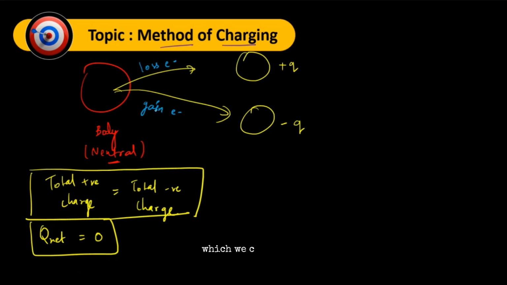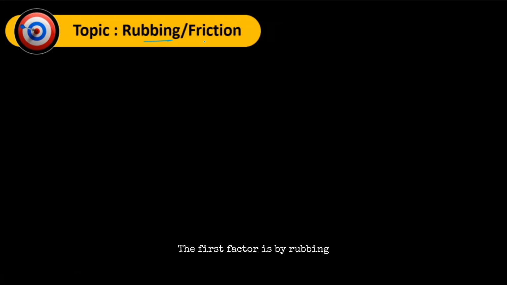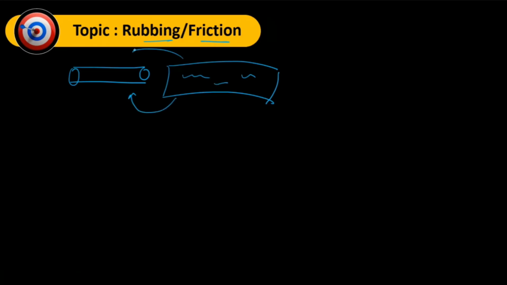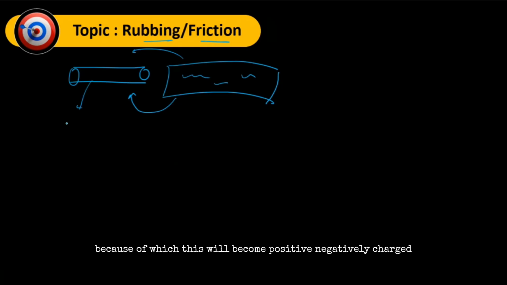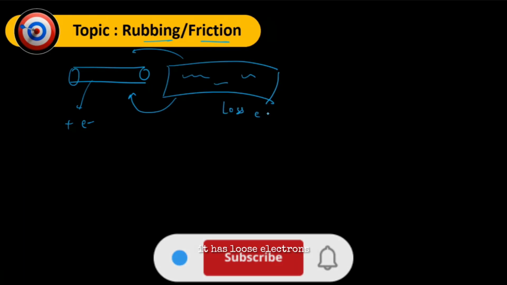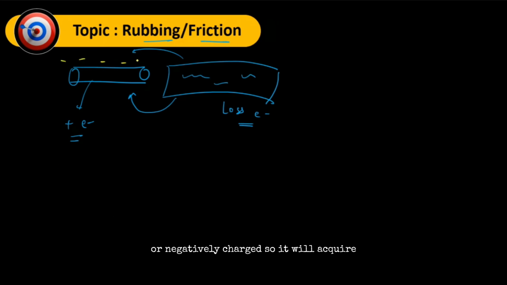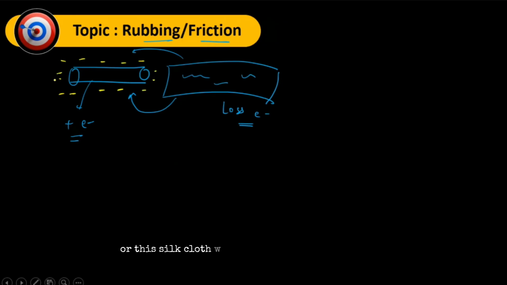There are many ways through which we can do this. The first is by rubbing, or friction. Generally, when we rub some object, say a metallic rod, with something which might have charge, like a silk cloth, which is a very basic and prominent example, the silk cloth will lose electrons and the rod will gain electrons. So the rod will become negatively charged, whereas the silk cloth will acquire some positive charge.